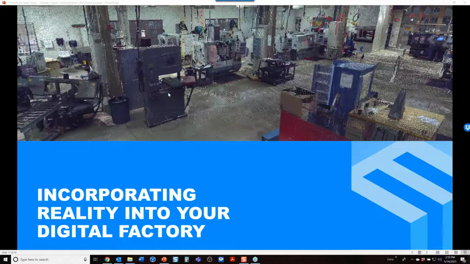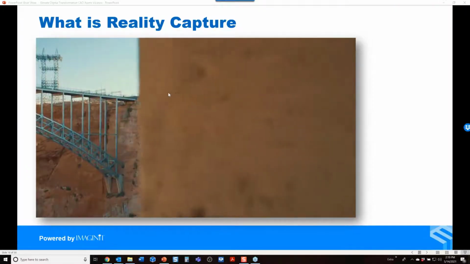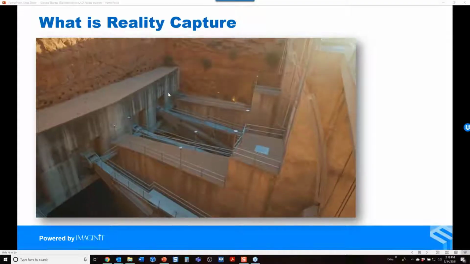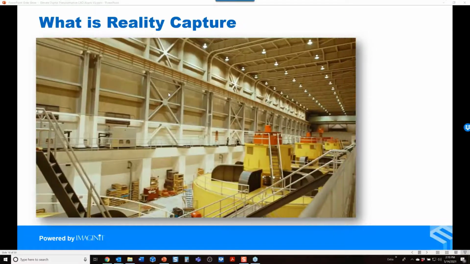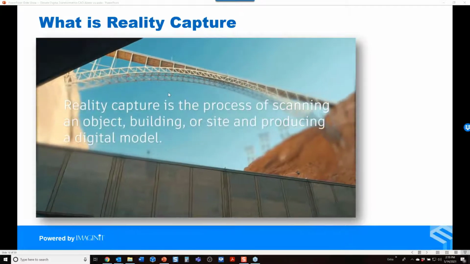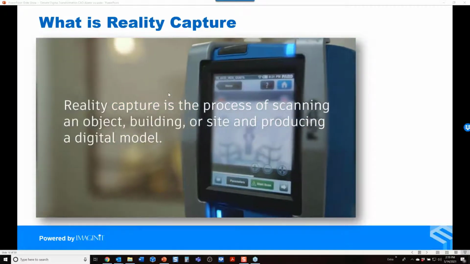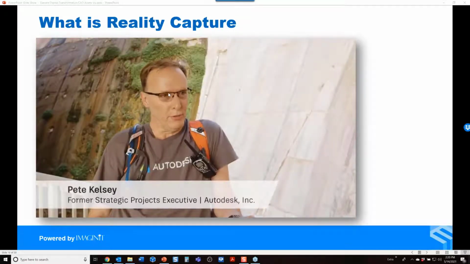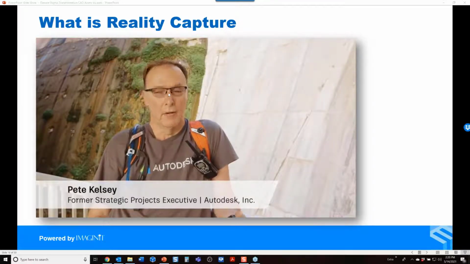Now, the next topic I want to cover is incorporating reality into your digital factory. You know, many of us start off life in what we call a brownfield situation, where I've got tons of things out here that, you know, exist today, and I need to get them in the computer so I can add the new stuff that I want to build into my system. That's where reality capture comes in.